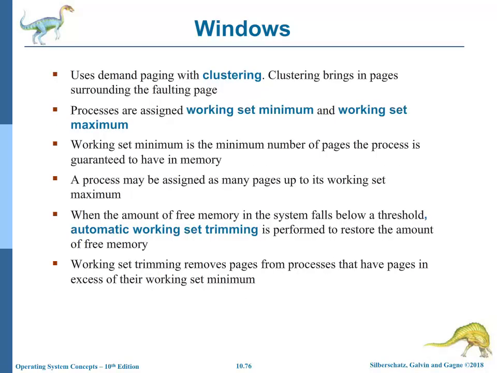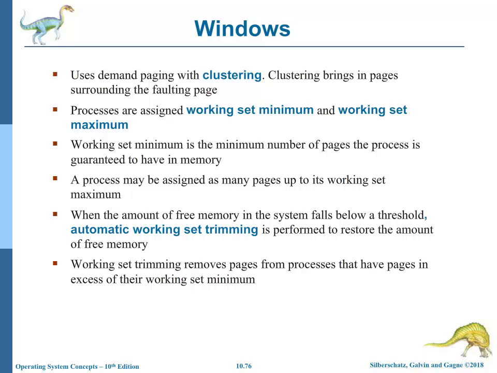For Windows, on 32-bit processors, Windows 10 supports a virtual address space up to 3 GB. On 64-bit systems, it supports 128 TB of virtual address space.